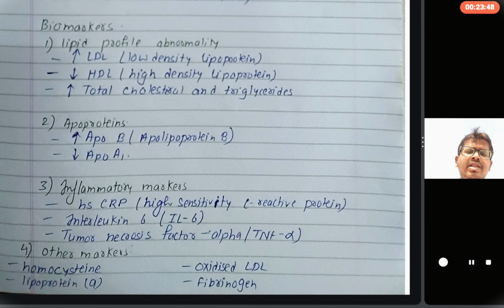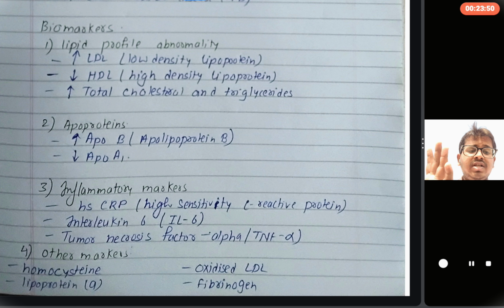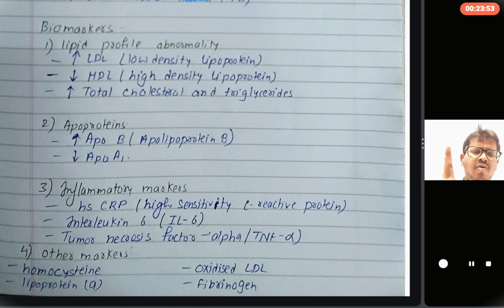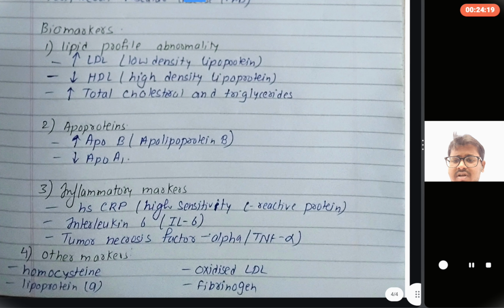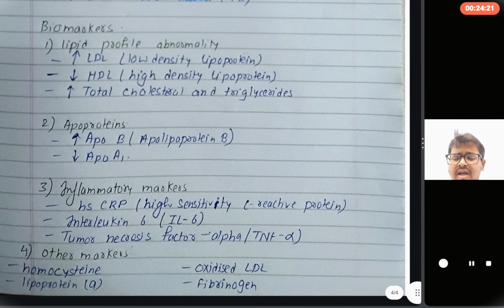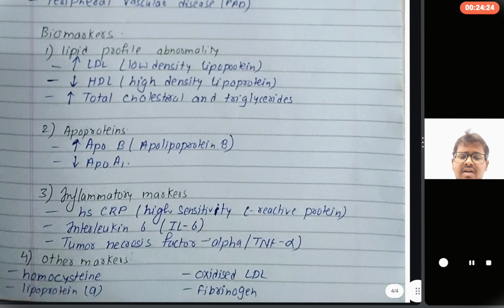In lipid profile abnormality, LDL increases and HDL decreases. If LDL is increased, it is problematic, and if HDL is increased, it is a good thing. HDL is good, LDL is bad. Apoprotein we have discussed, inflammatory as well. Other markers: homocysteine, lipoprotein A, oxidized LDL, fibrinogen.